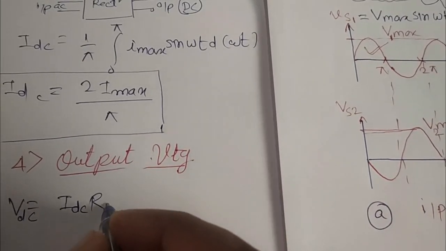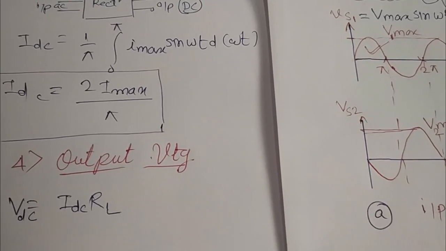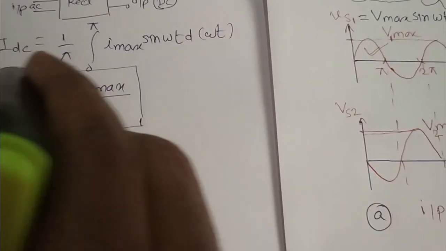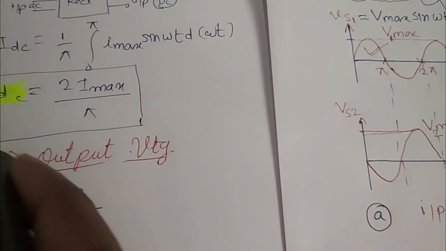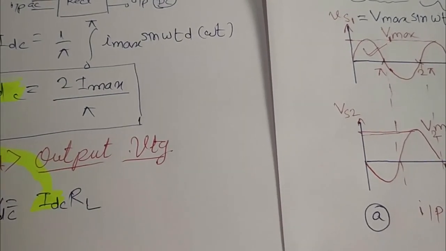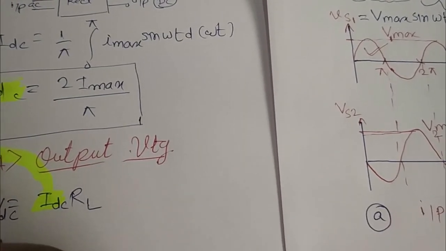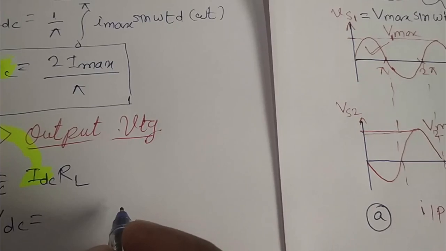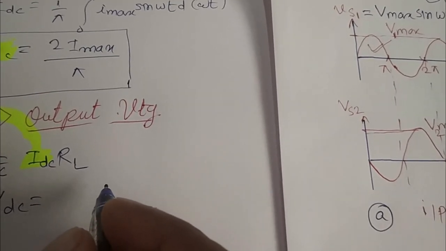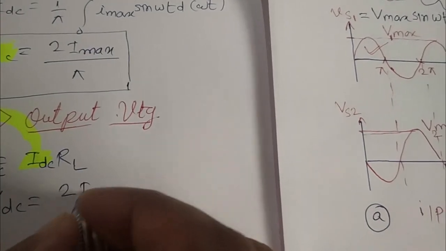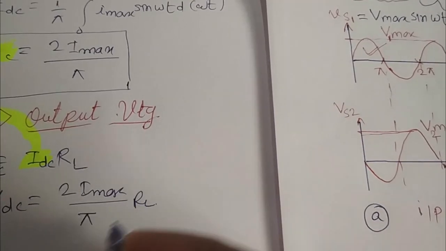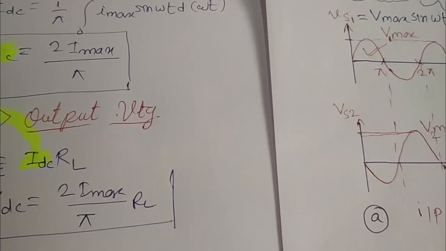Output resistance is RL. So we keep this value of IDC here. What we will get is VDC is equal to 2 Imax by pi into RL. This will be the DC output voltage.